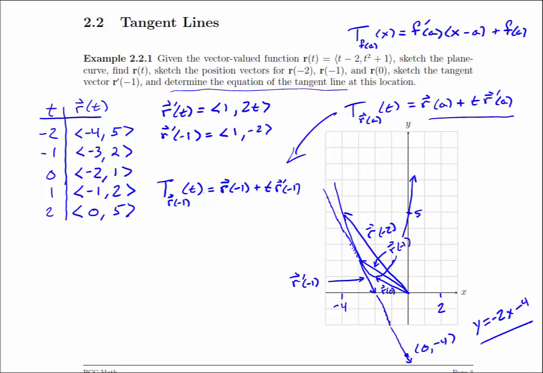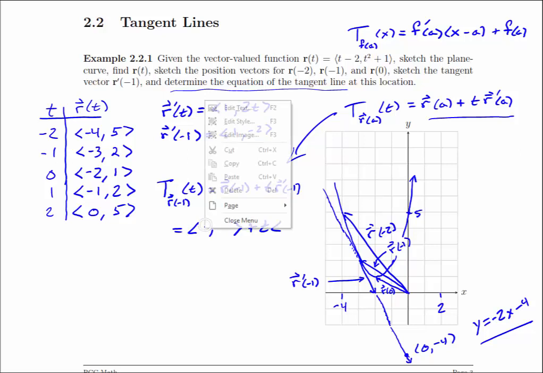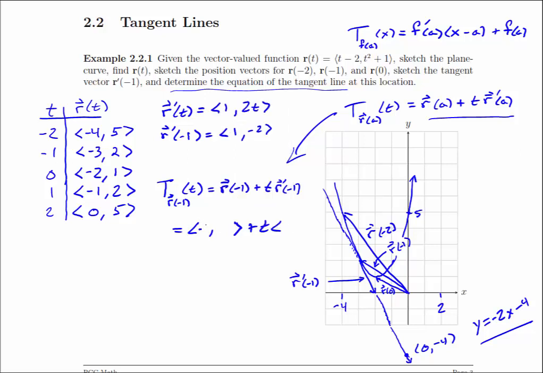So we'll finish this up real quick by saying r of negative 1 is, well, negative 3, 2, and the derivative is 1, negative 2. I was getting it backwards there for a second. Okay, and so we can leave it like that.